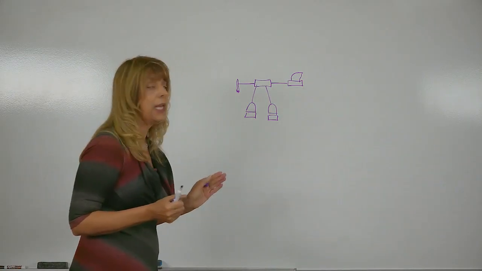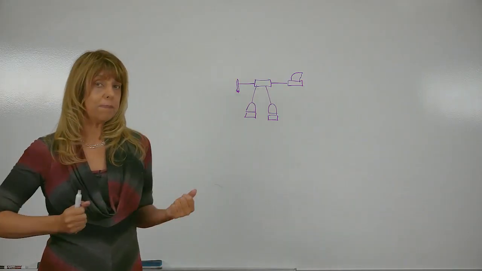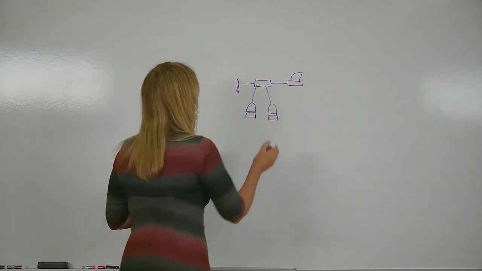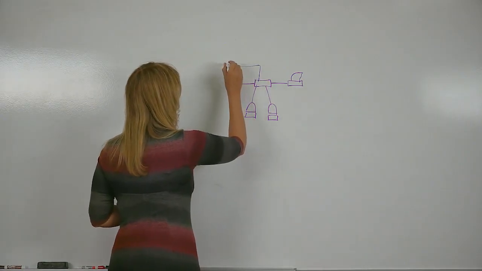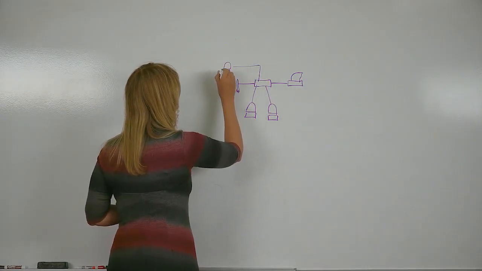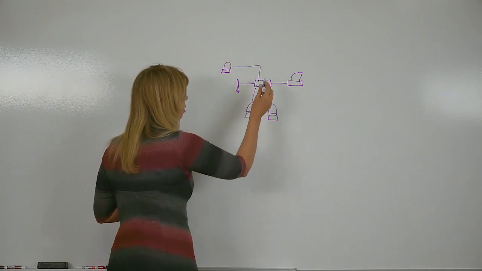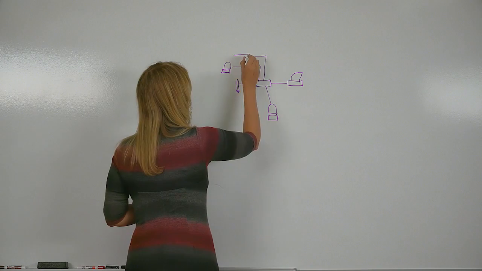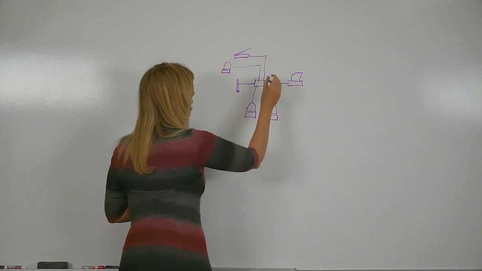But imagine that if you began a home-based business, all right? Your network would then need to grow. You might need some additional devices, some additional workstations. You might need some additional things like scanners and printers. So I might have a scanner out here and maybe another printer.